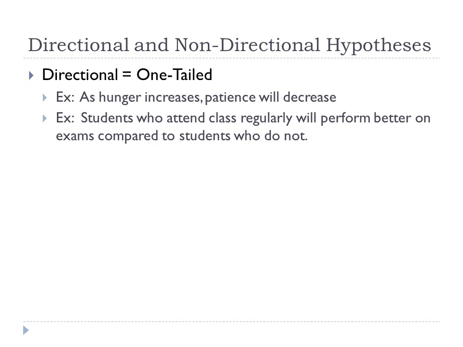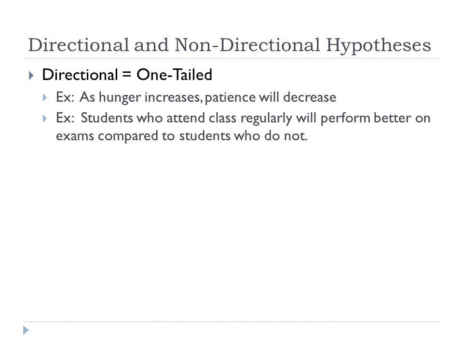The reason that this is a directional hypothesis is because we're making a specific prediction about what direction hunger is going and what is going to happen to patience as hunger changes in a specific way, right? We're specifically talking about hunger increasing and patience decreasing. So we're making a prediction about the direction of this relationship.